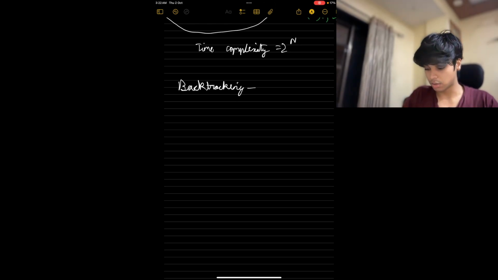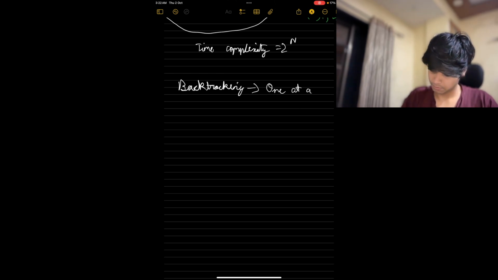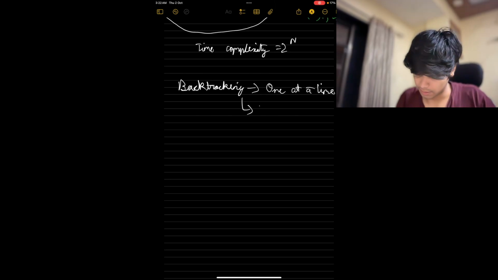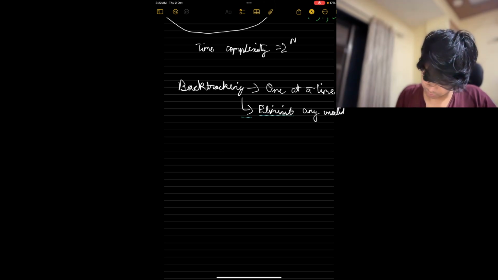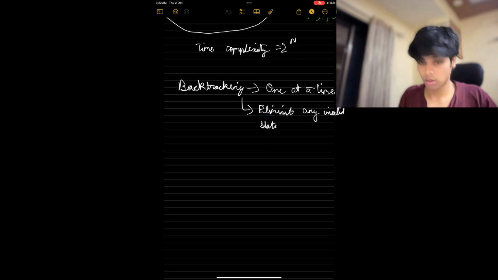Here we build the solution one at a time and eliminate any invalid state. What is an n queens problem?